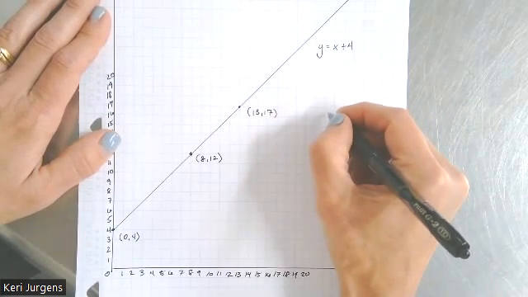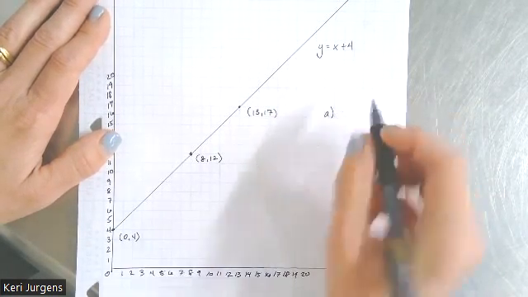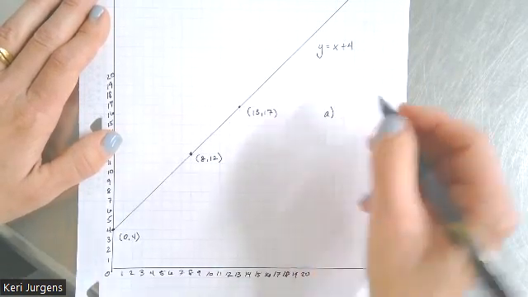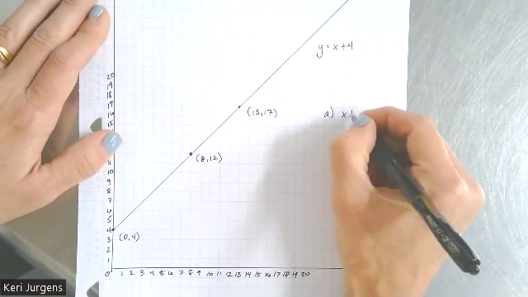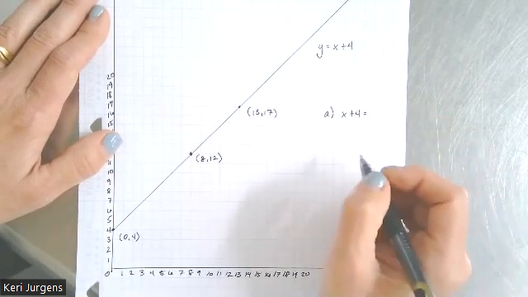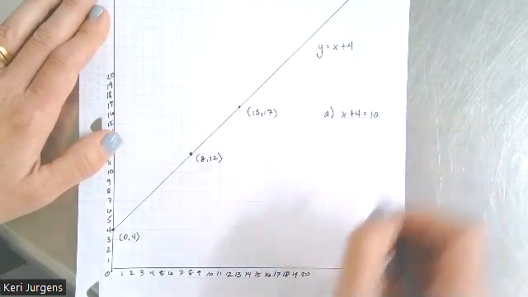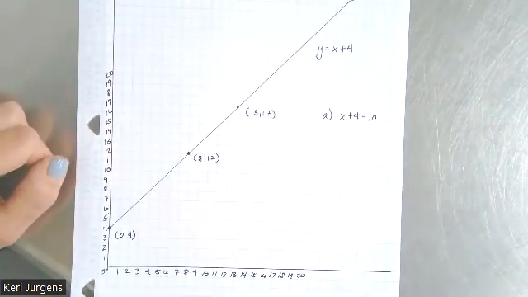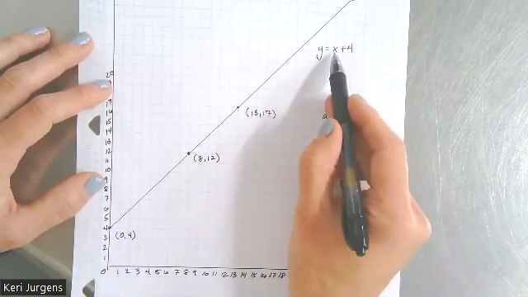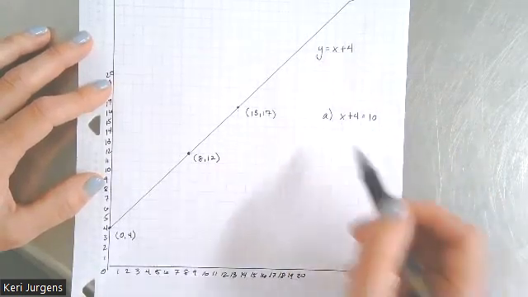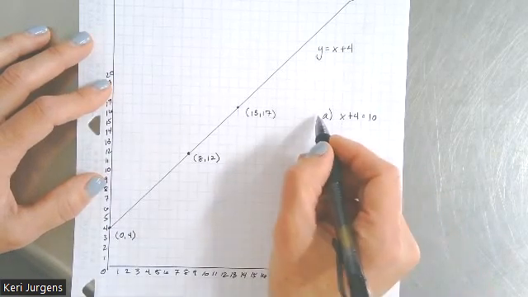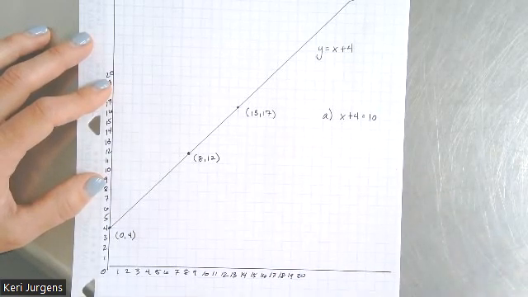And the first problem for letter A says, I'm going to go ahead and write that over here where I'm not going to be working. x plus 4 equals 10. And just copy that down. Don't copy B down yet. We're going to go ahead and work through A before we do B. All right. If y equals x plus 4, and x plus 4 equals 10, for letter A, can you tell me what y equals?